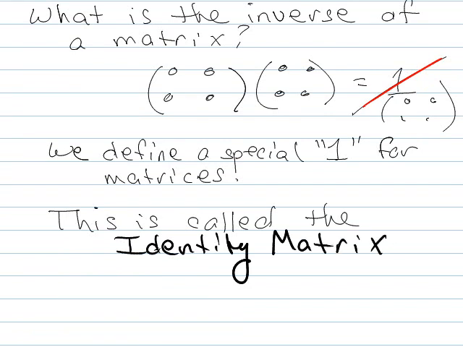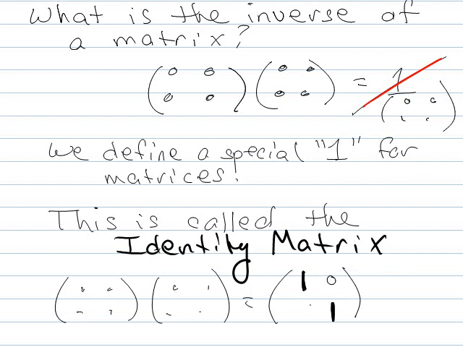And for example, in this problem up here where I had a 2 by 2, if I wanted to create a 1 for this, what I would do is I would say 1 on the diagonals and 0 every place else. And we call it I for identity.